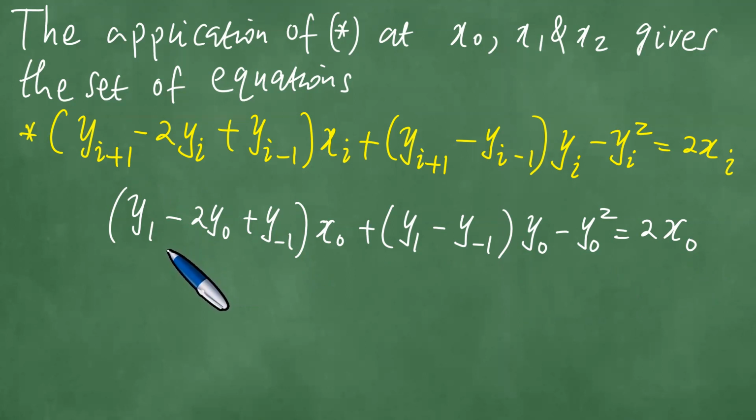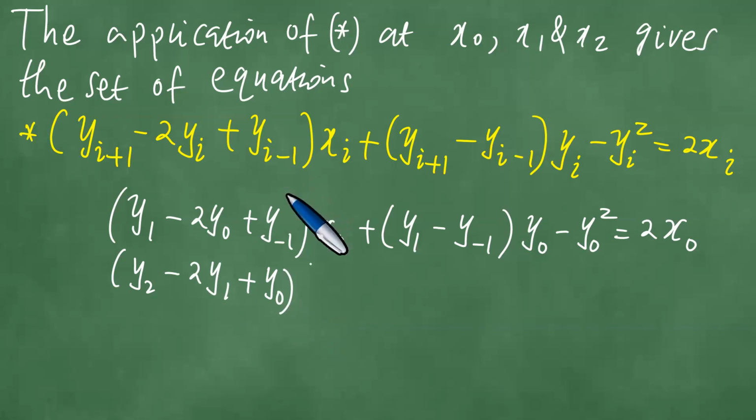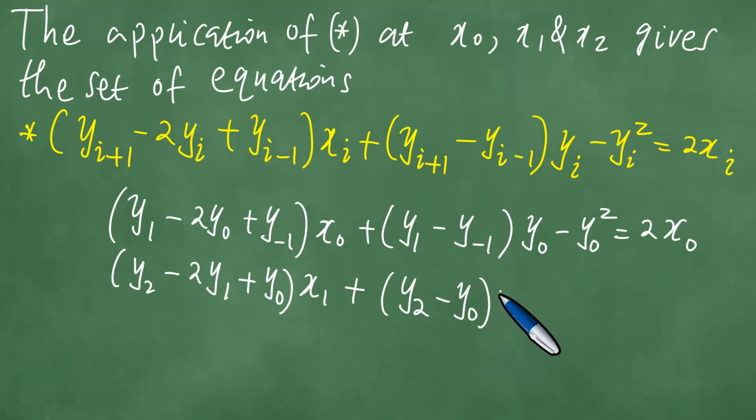Okay, and then the next thing is we shall get this when i equals 1. When i is 1, we shall get y2 here, 2y1, y0, because we're making i equal to 1 now, x1, y2, y0, y1, y1 squared, 2x1.